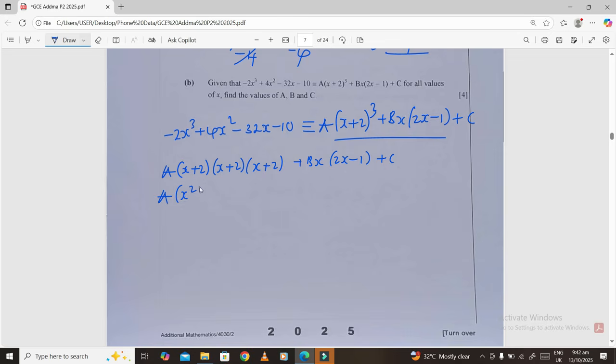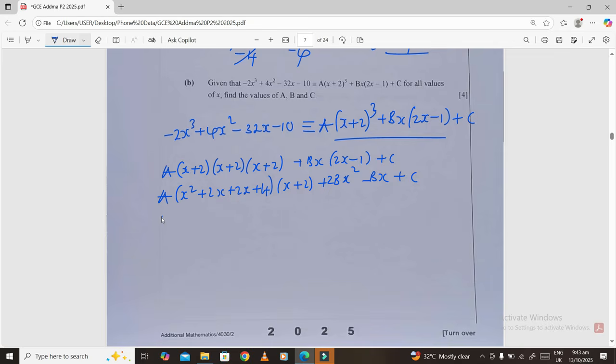We're getting x power 2 plus 2x, okay, and here it will be plus 2x, this one plus 4, and then there's x plus 2 here, plus here 2bx power 2 minus bx plus c.